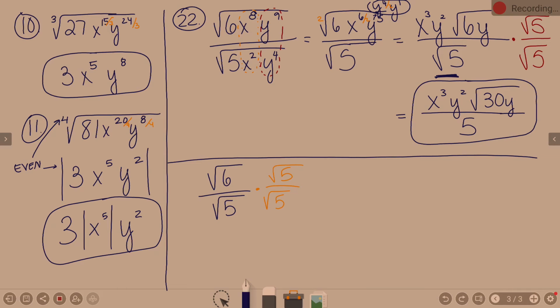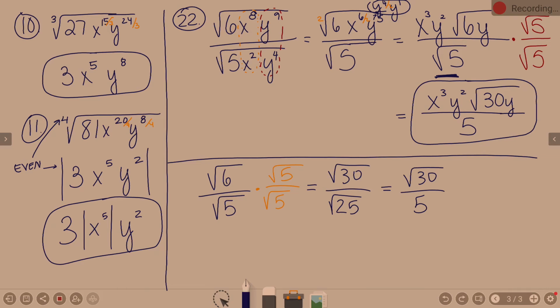If all you can do is rationalize, multiply the denominator by itself. On top, square root of 6 times square root of 5 is square root of 30. Square root of 5 times square root of 5, you can say square root of 25, but then go one more step and say square root of 30 over 5.